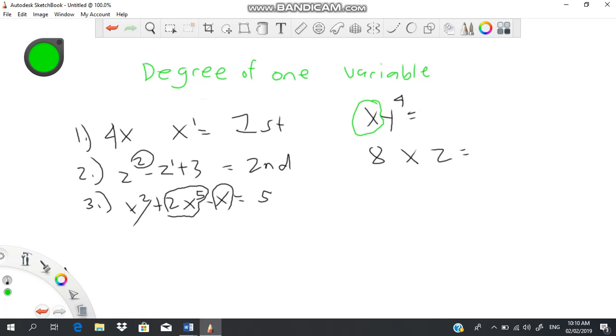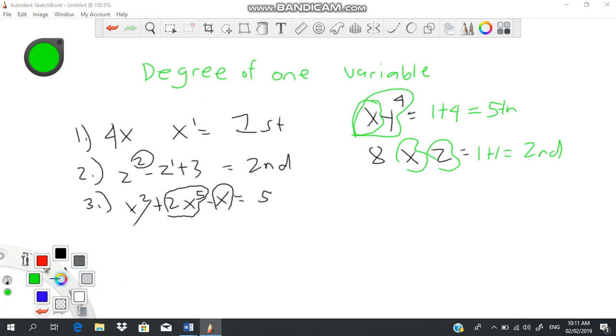So x has an exponent of 1. And y raised to 4 has an exponent of 4. So that's 1 plus 4 equals 5. This is a 5th degree polynomial. 8xz, x has an exponent of 1 and z has an exponent of 1, so it's a 2nd degree polynomial. That's how you do it if it is in two variables. Or it could be more than one variable. It could be 3 variables or maybe 4 variables.